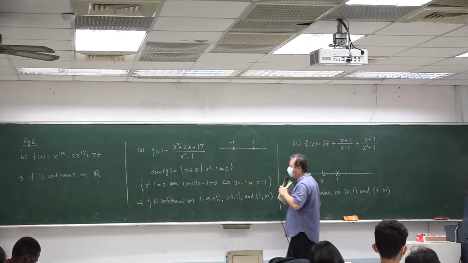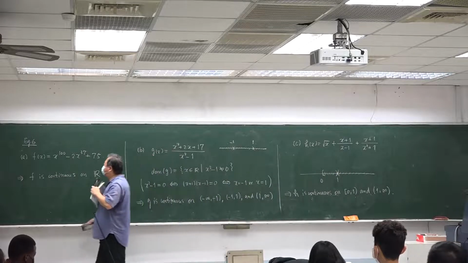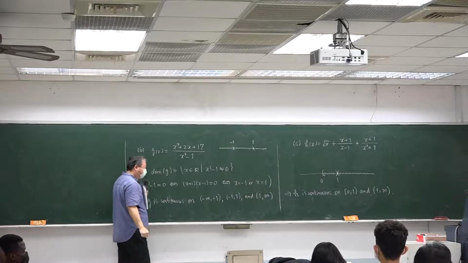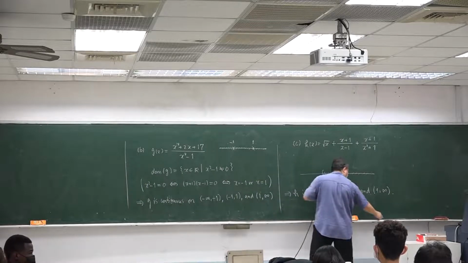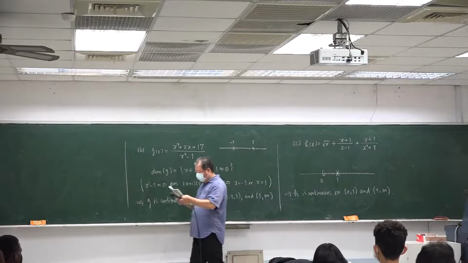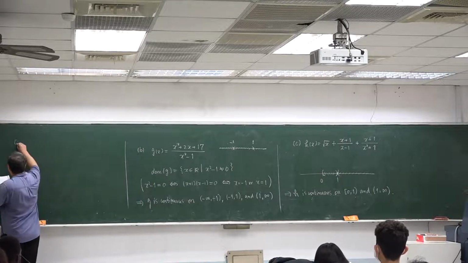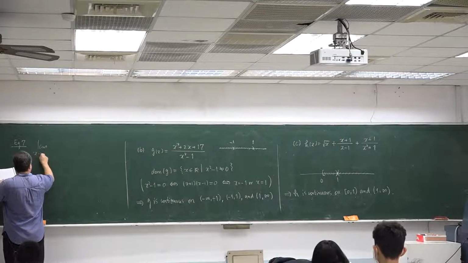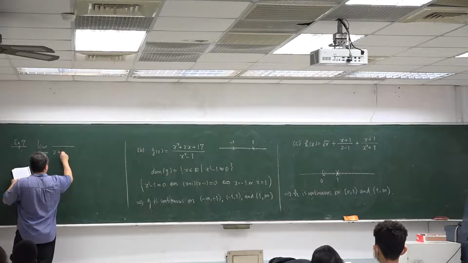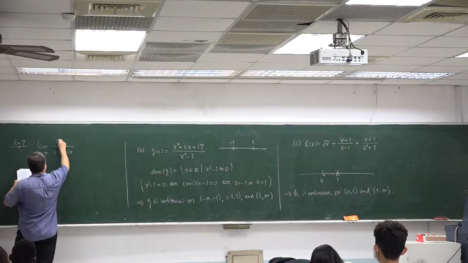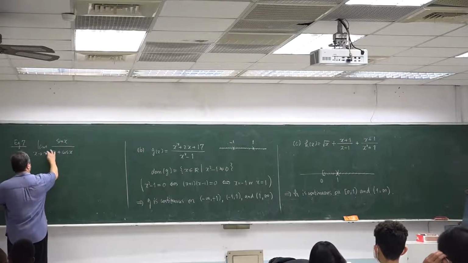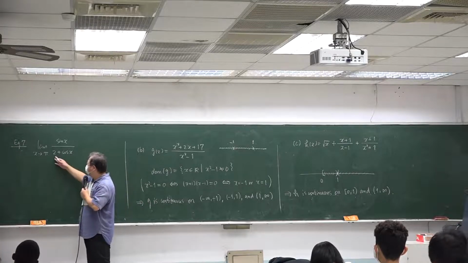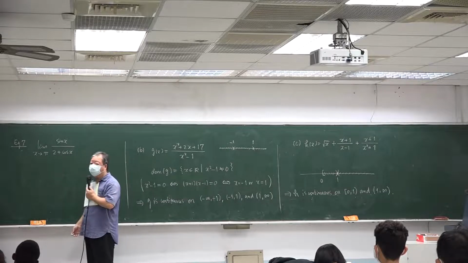Example 7. Find this limit. This is a quotient of two functions involving a constant and the trigonometric functions sine and cosine.